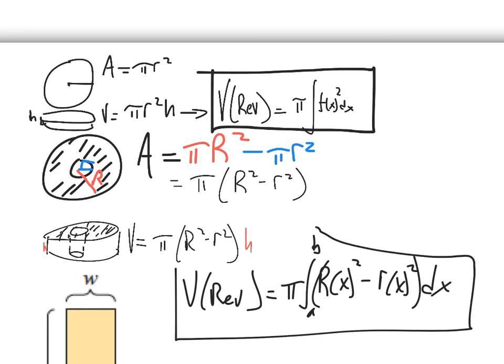Again, if you remember the two-dimensional picture and formula, that leads to pi r squared. Well, that's pi times f of x squared, and we add up all the f of x's. Here the area is pi big R squared minus pi little r squared. Factor out the pi, and the volume version is pi times the integral of big R squared minus little r squared, but R and r are functions. So there you have it.